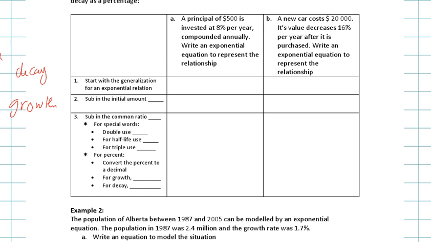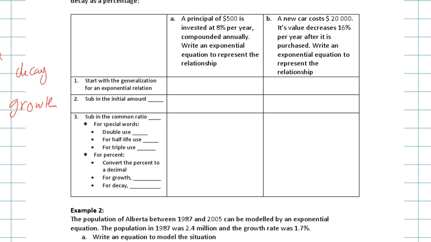So we know that we're investing $500. That's what we're starting with. And we are getting 8% per year. Is it a growth or a decay? It's a growth, right? You're adding money.